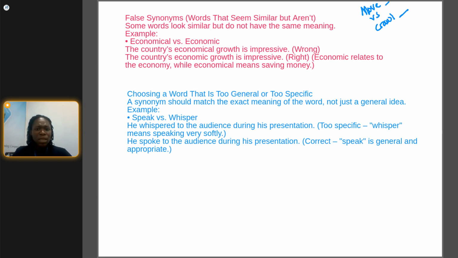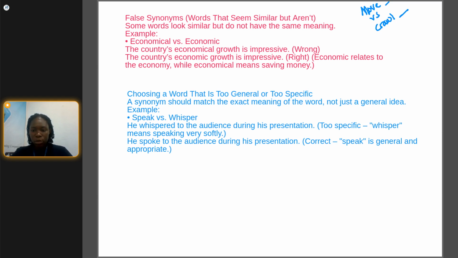Moving is just to change position, which is very general. But when you use the word crawl, the baby crawled on the floor, that's very specific, describing the exact action of the baby. So even though crawling and moving could be synonymous, you cannot use them interchangeably because context determines that you do not use them interchangeably.